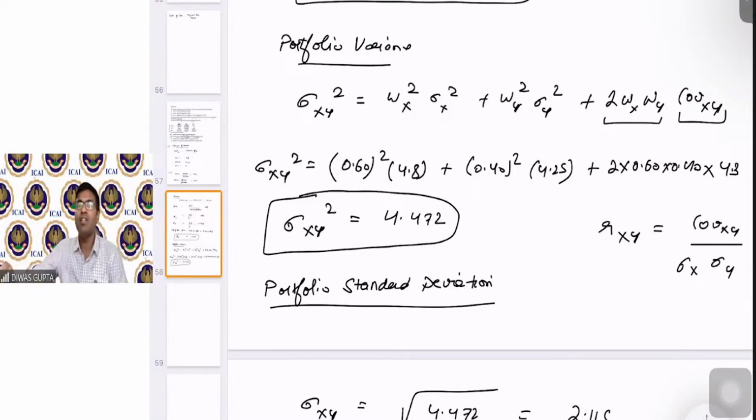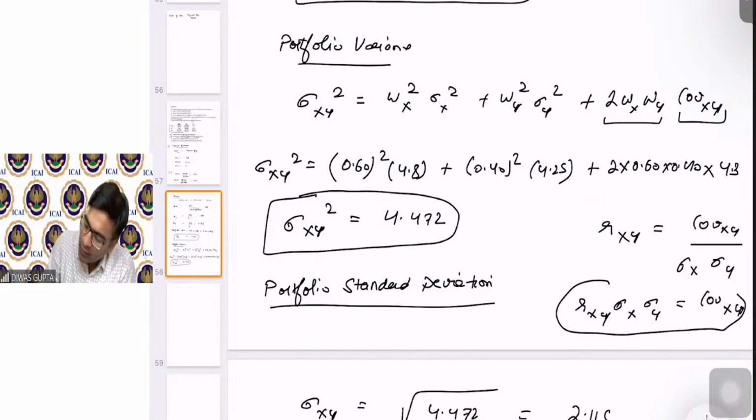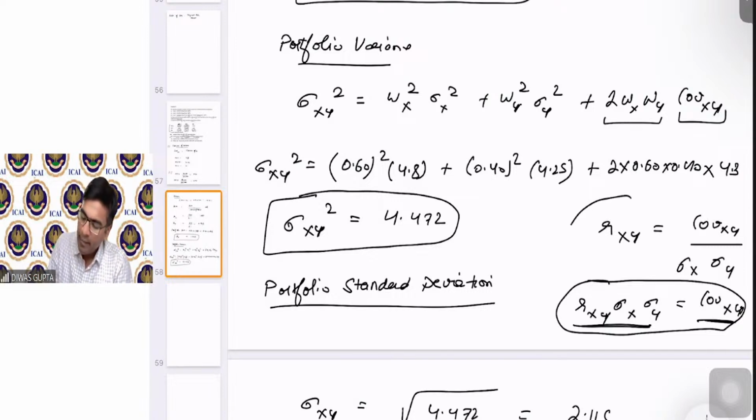This is from our previous session's knowledge, right? So, Rxy, standard deviation of x, standard deviation of y is equal to covariance of xy. Okay? We have eliminated this and introduced this in the above equation. I hope this is clear.